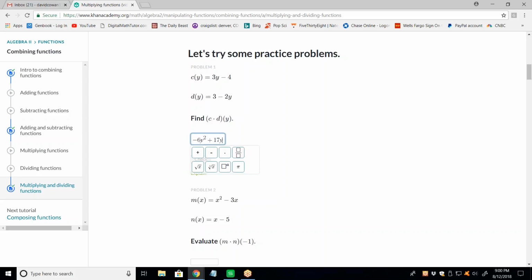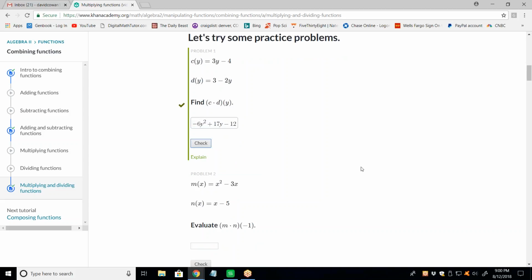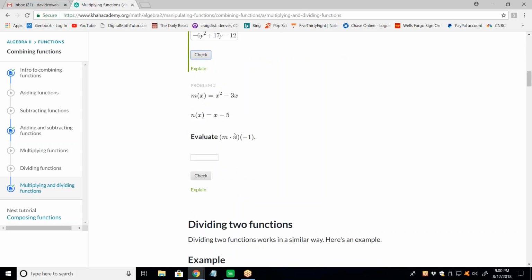And then the two numbers are minus 12. So that should be that one. And this was minus 35, if I remember right.